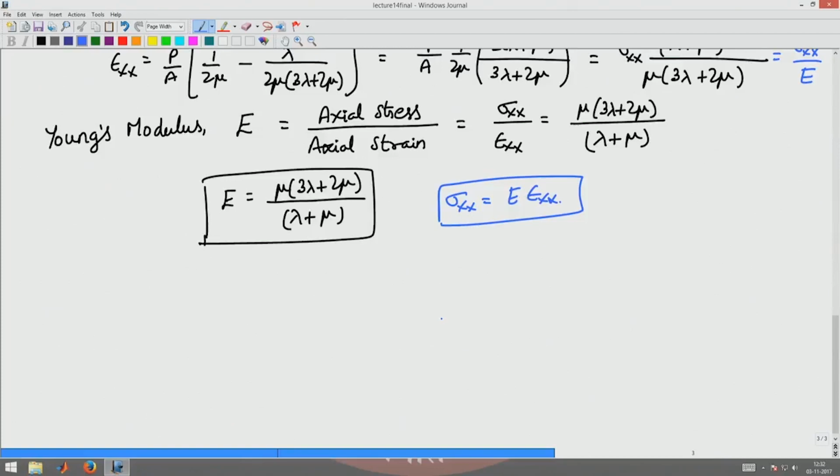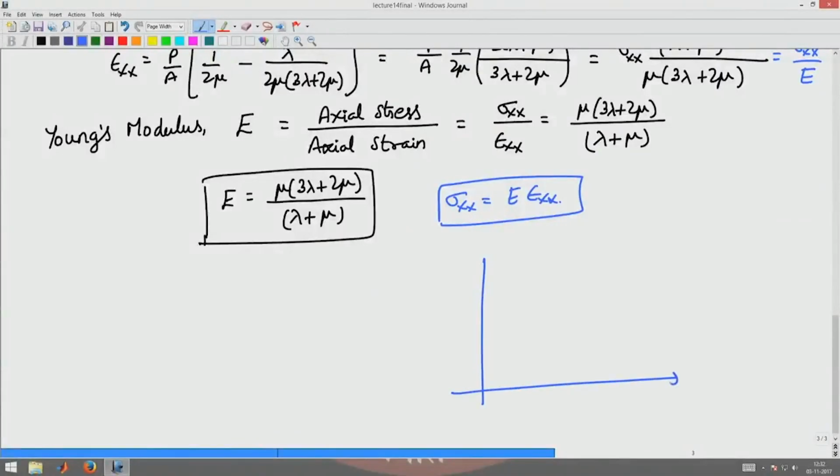I do an experiment, I measure the force that I am applying and I measure the axial strain epsilon xx, and then I plot epsilon xx versus sigma xx, the axial stress versus the axial strain. This is the axial strain and this is the axial stress.